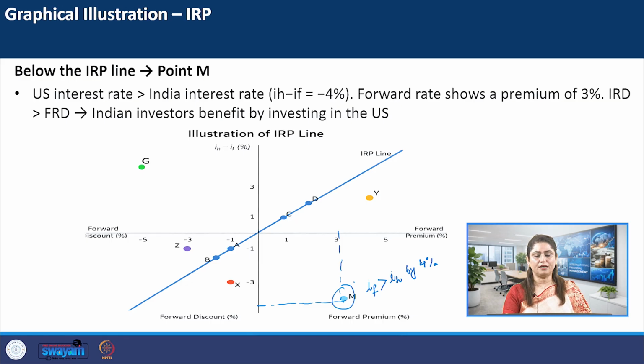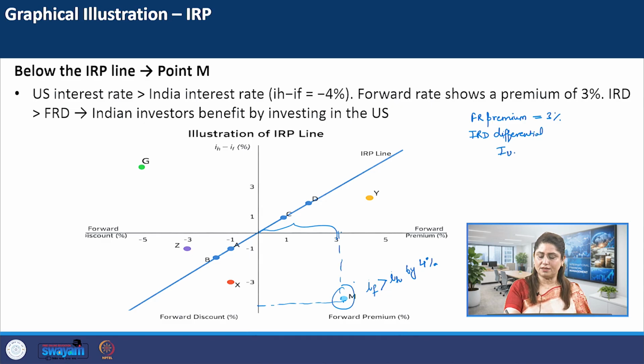While the forward rate differential shows us the forward rate premium, which is 3%. We can see it from here, it is 3%. And the interest rate differential, in which the interest rate of USA is greater than the interest rate of India, is 4%. And when I say the forward rate premium is 3%, that means the dollar is appreciating.